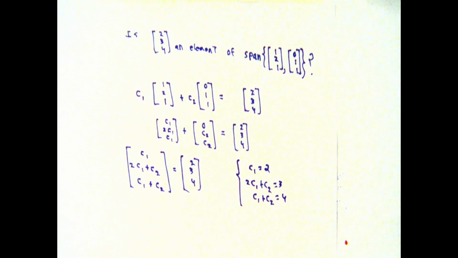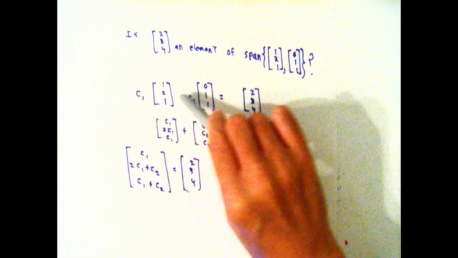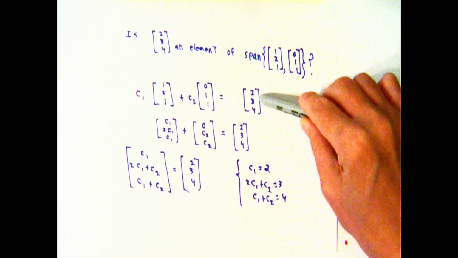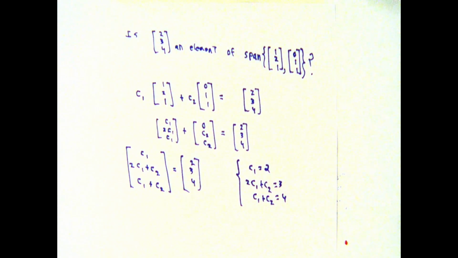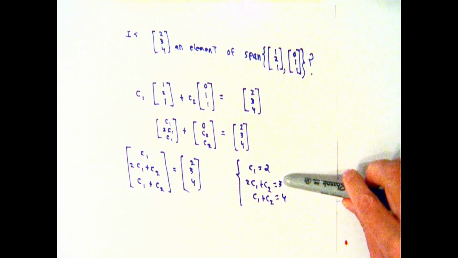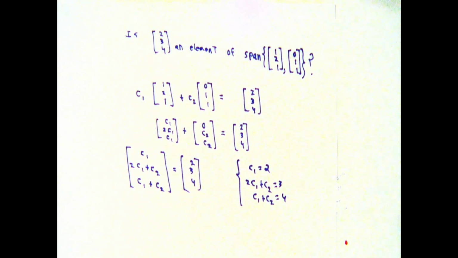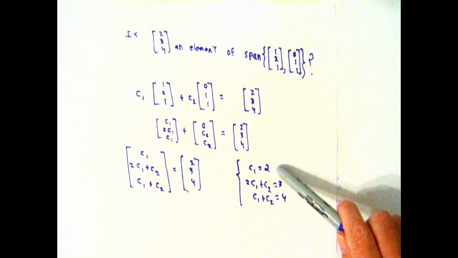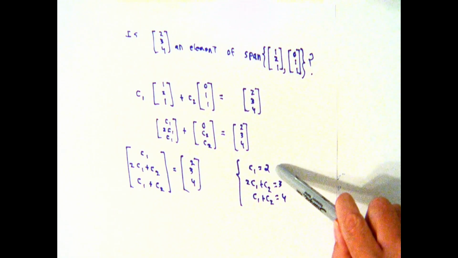So if you do the arithmetic, you find out for this to work, in order to make a linear combination to give me 2, 3, 4, 3 equations have to be true at the same time. That, and that. This one isn't going to be particularly difficult because if C1 is going to be anything, that first equation says C1 has to be 2.